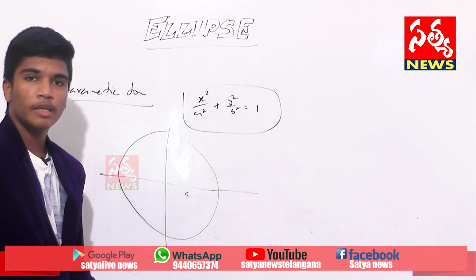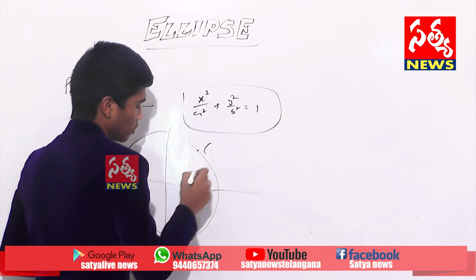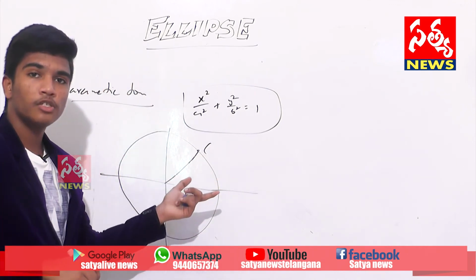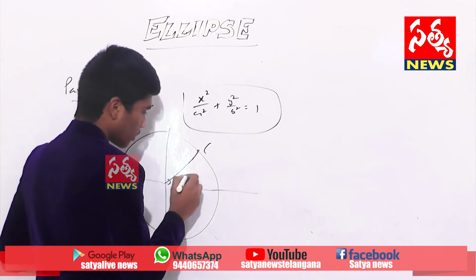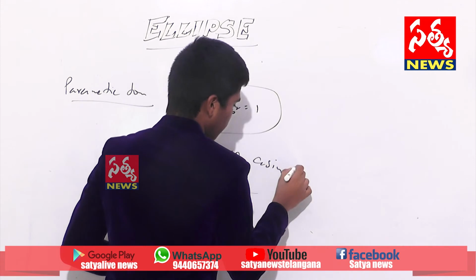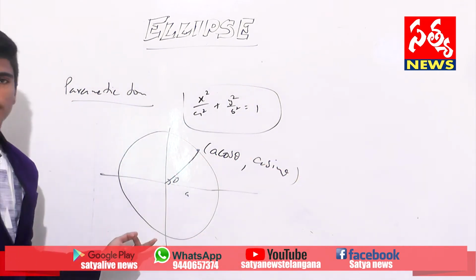We all know how to write the parametric form for a circle, right? If this is a point and this is the line, then the coordinates of this will become a cos theta and a sin theta. This is the parametric form of a circle.